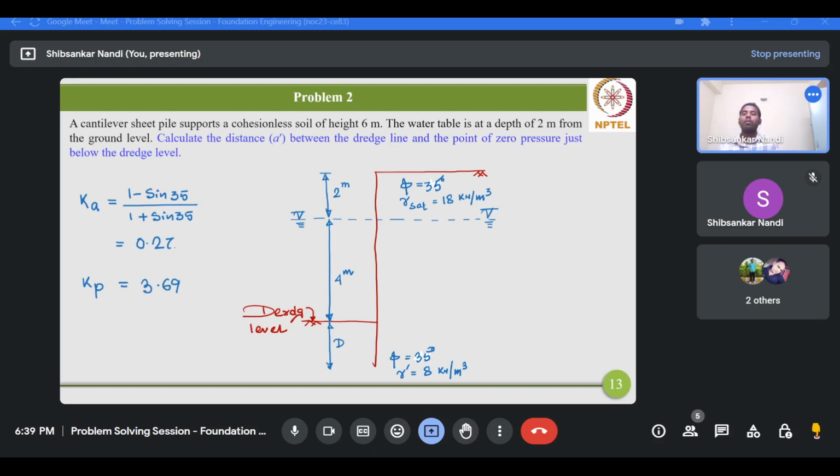So these are the active and passive earth pressure coefficient values.